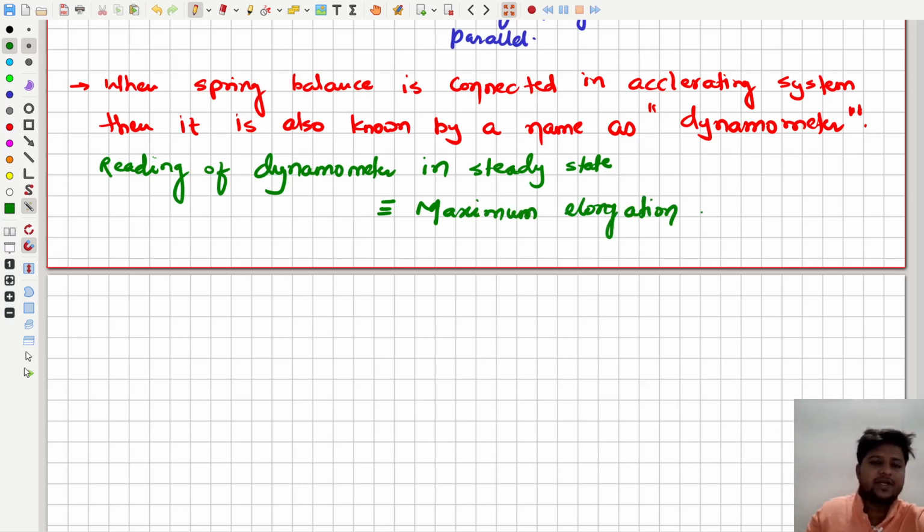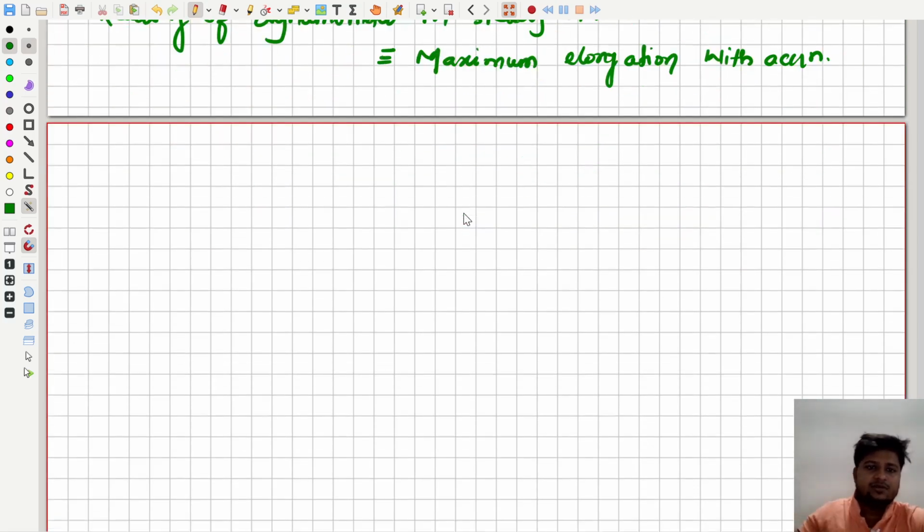They are asking you a reading at maximum elongation with acceleration. Is that clear or not clear? Clear or not? With acceleration. Are you able to get me? Let's take one example. One tough one only I am taking.